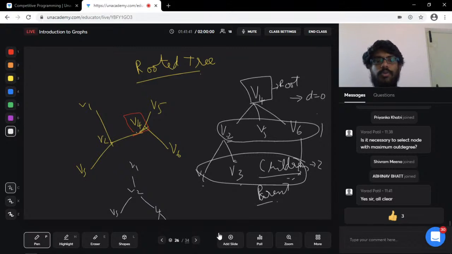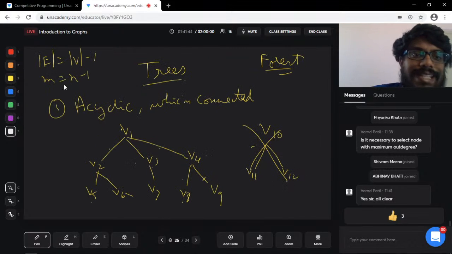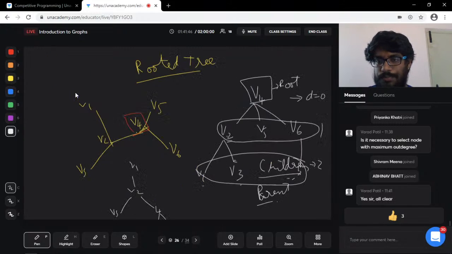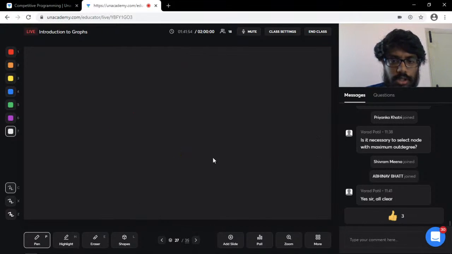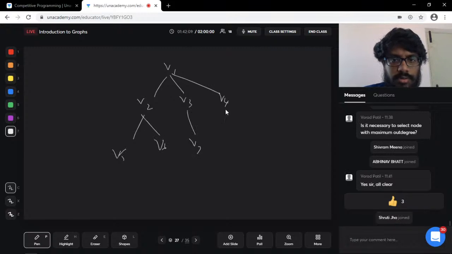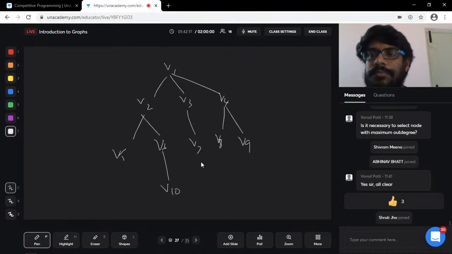Yes. So we were talking about the fact that the number of edges in a tree is always n minus 1, right? So why is that the case? So now think of a rooted tree, right? Say something like this.